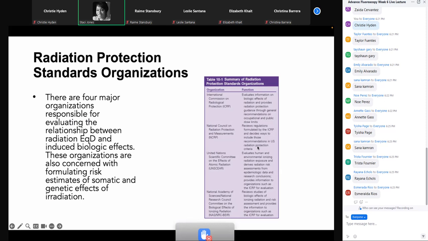These are the 4 organizations responsible for evaluating the relationship between radiation equivalent dose and induced biological effects. These organizations are concerned with formulating risk estimates for somatic and genetic effects of radiation.